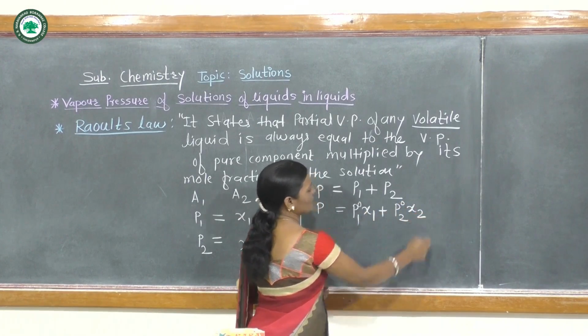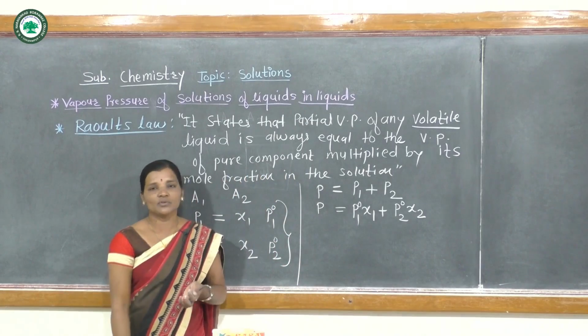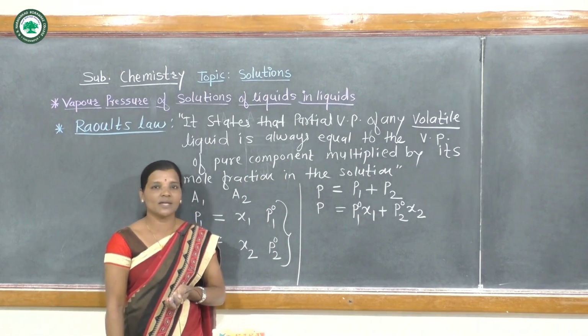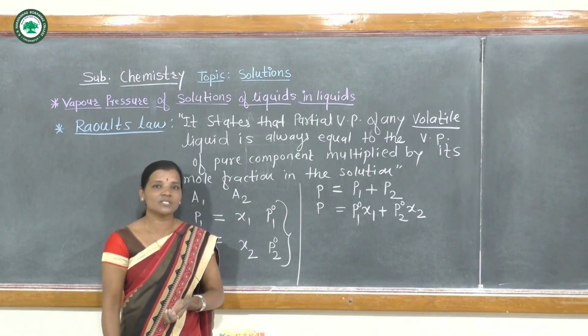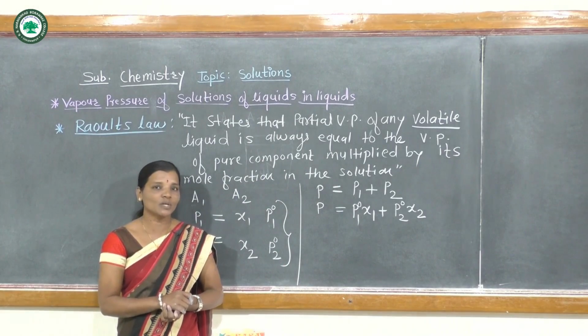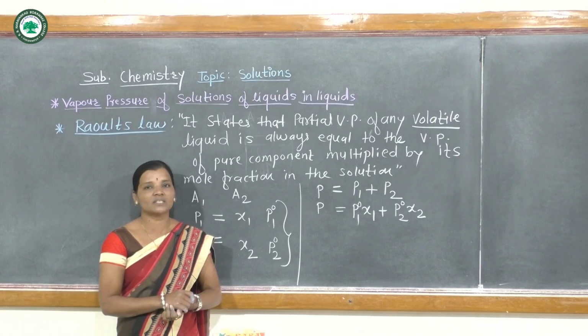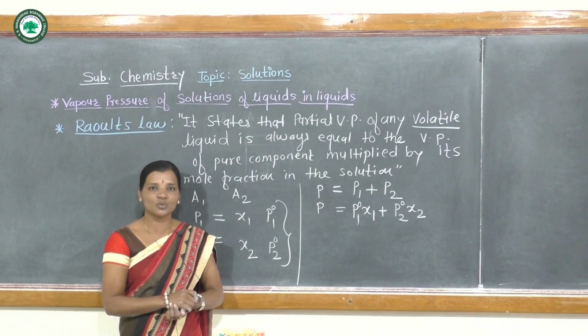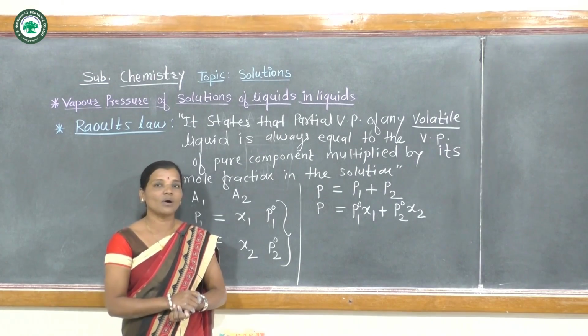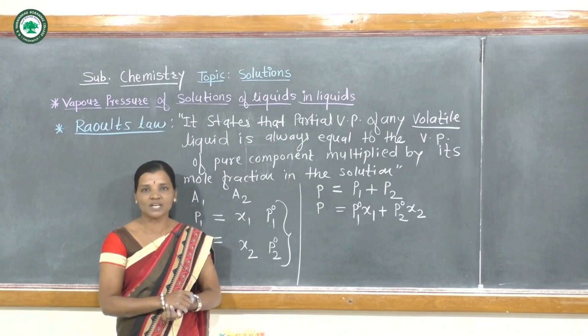P02 into X2. Now also we know that in any solution, whatever number of components are present, if we do the sum of mole fractions of all the components in the solution, that always equals unity. That means sum of mole fractions of all the components in the solution is always equal to 1.